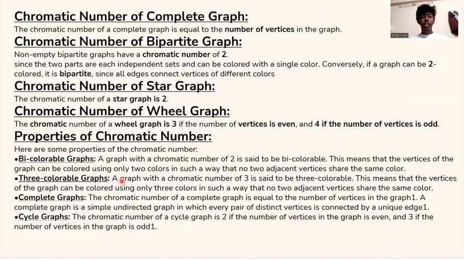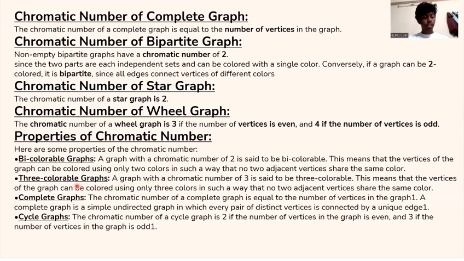So, if the chromatic number of any graph is 2, then we can say that the graph is bicolorable. We can't color those graphs with one color. The minimum colors required to color the graphs are 2. Then we can say that those graphs are bicolorable graphs.